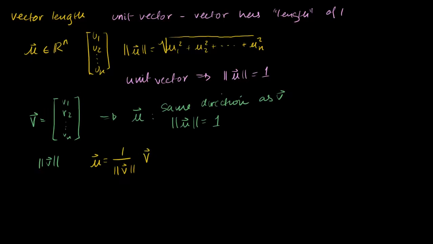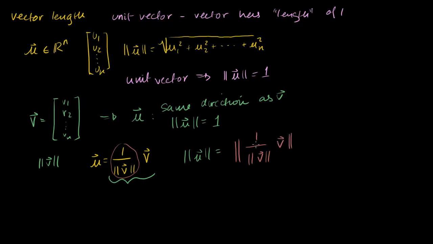If I take the length of u, it is equal to the length of this scalar. Remember, this is just some number, right? And I'm assuming v is a non-zero vector. So the length of this scalar number times v.